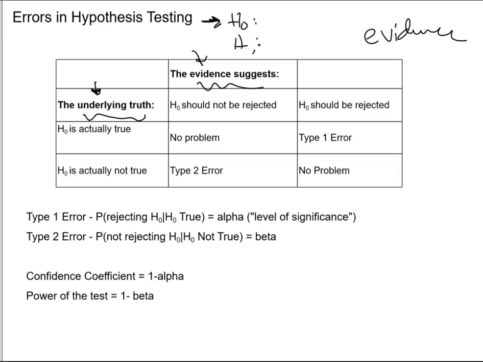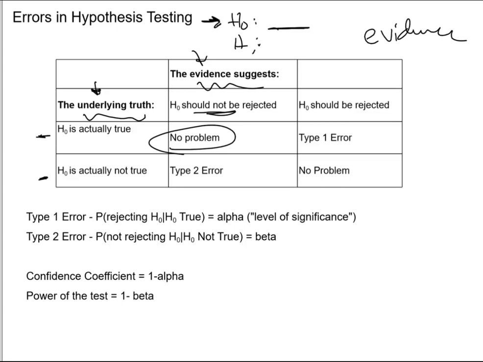So here we go. This is one way that we can think about this relationship between the underlying truth and what the evidence points to, what the evidence convinces us of. If the underlying truth of the situation was indeed that the null hypothesis was correct, and the evidence tells us that the null should not be rejected, no problem, right? The evidence was pointing you to the same thing as what the underlying truth was.